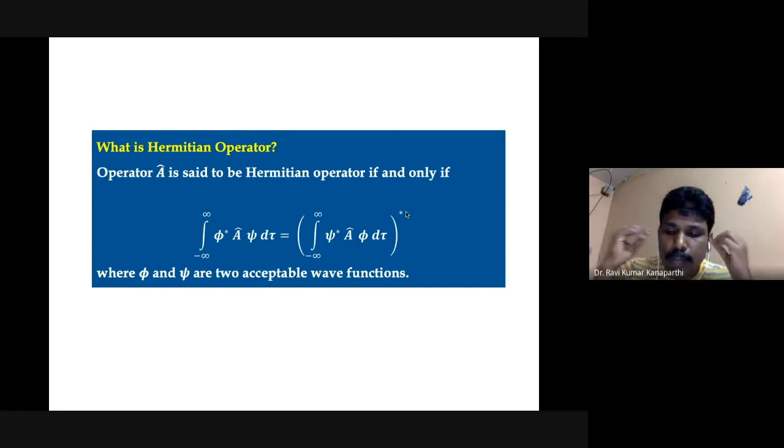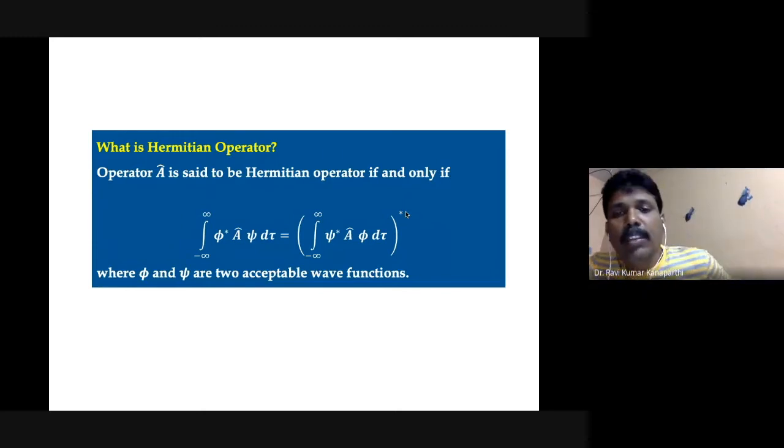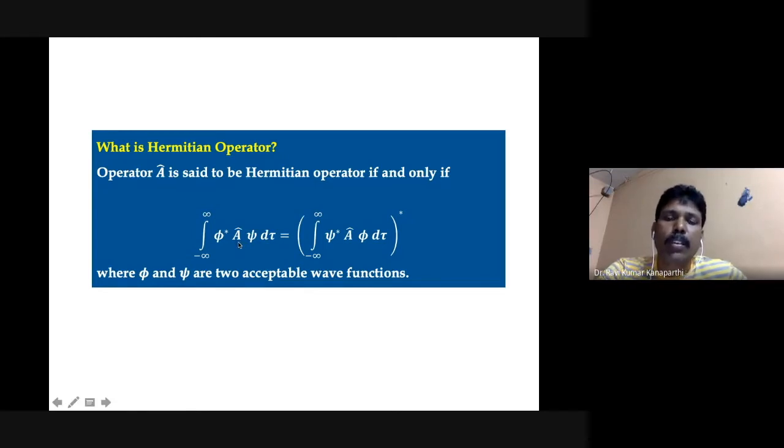So don't be afraid when you see the expressions or the equations. These are fairly simple, but unfortunately we make ourselves very complicated. Things are so simple, right? In one case you allow your operator to operate on one function, then multiply with the complex conjugate of the other function, integrate it, and apply the limits.